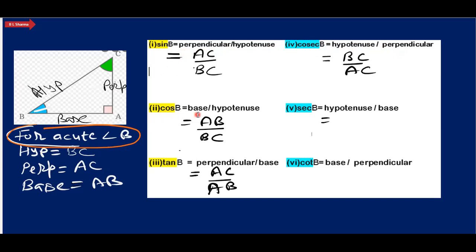Cos is base upon hypotenuse, so sec will be hypotenuse upon base, that is BC upon AB. And cot is the reciprocal of tan. Tan is perpendicular upon base, so cot is base upon perpendicular. Here the base is AB and the perpendicular is AC. Thus we find all six trigonometric ratios for the acute angle B.